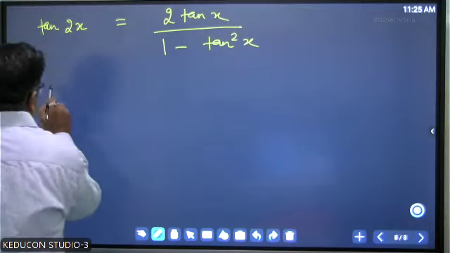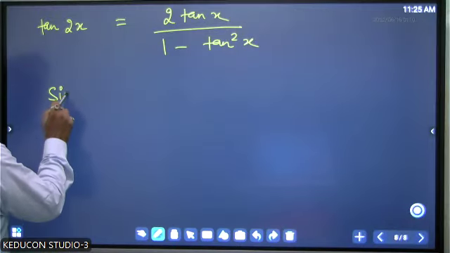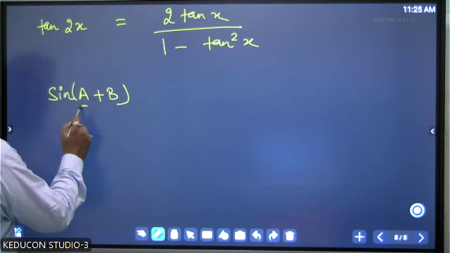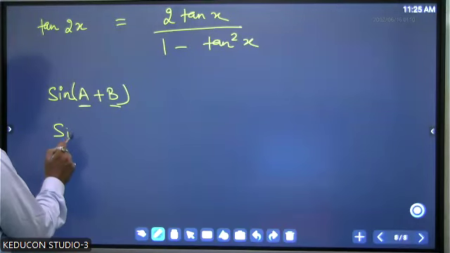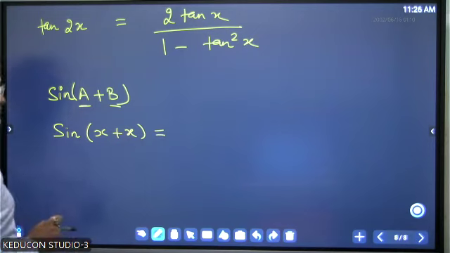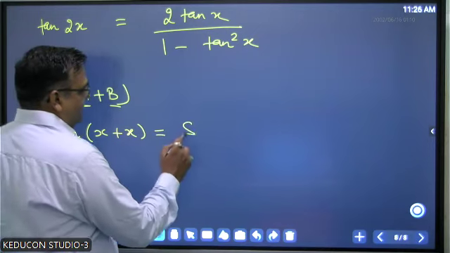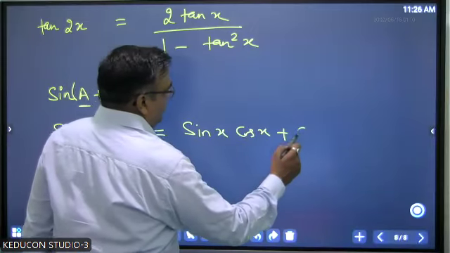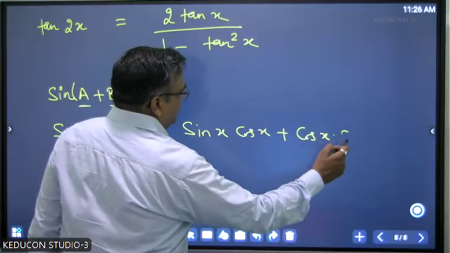For example, when we have sine a plus b, if I take both the angles as same, sine x plus x, so what does it become? Sine a cos b plus cos a sine b.